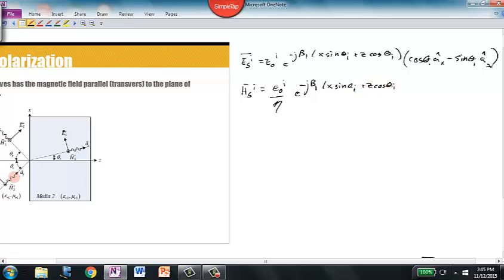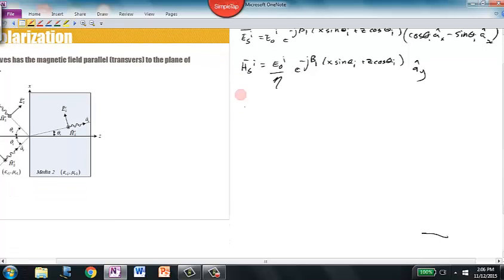And we can see that the magnetic field is pointing from this picture in the y direction. We have similar equations for the reflected waves. ESR is equal to E0R e to the minus j beta 1 x sine theta R minus z cosine theta R. And we have to account for the fact that the field's not in either the x or the z plane, but exists a little bit in both.